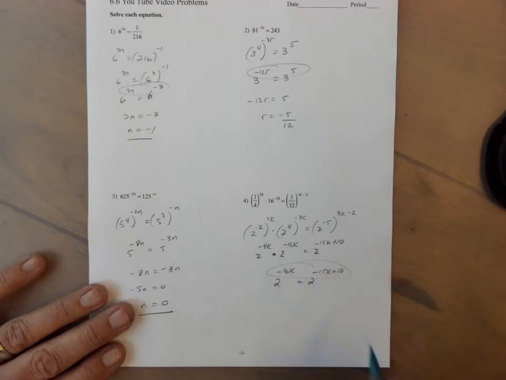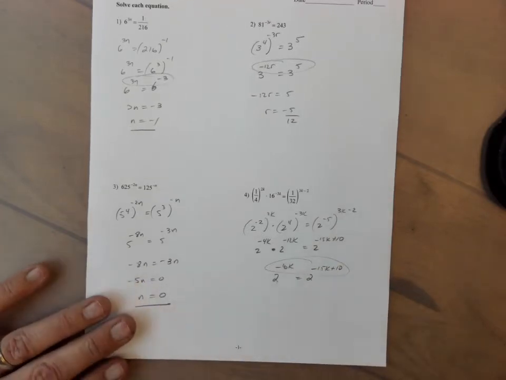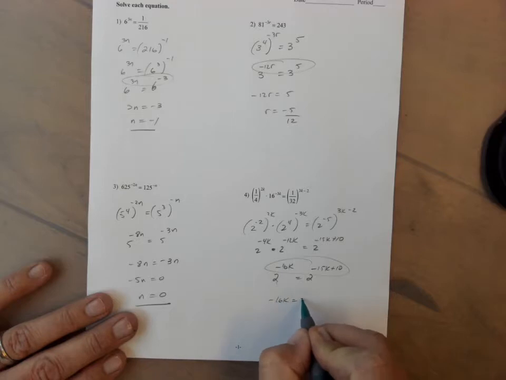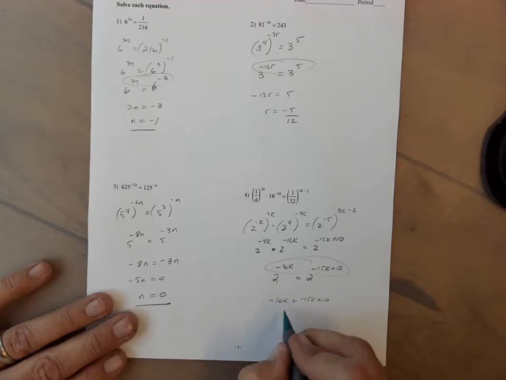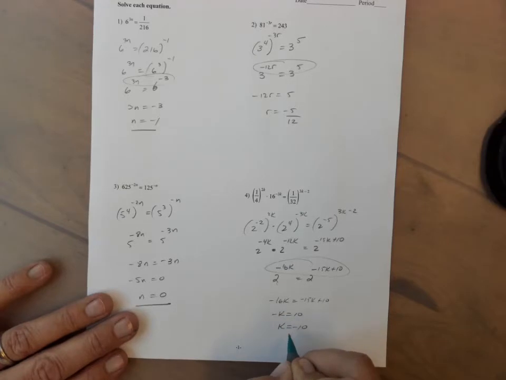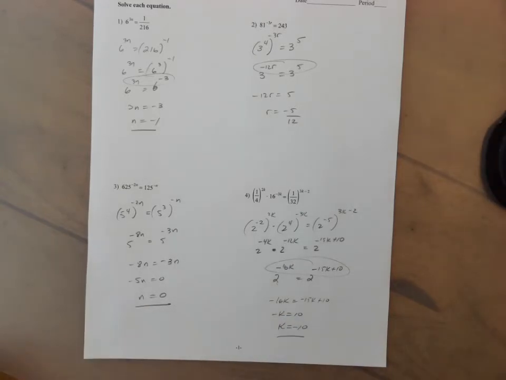So now that I've gotten down to one term on each side with like bases, we're going to set the exponents equal to each other. Going to add 15k to both sides. And k is equal to negative 10.